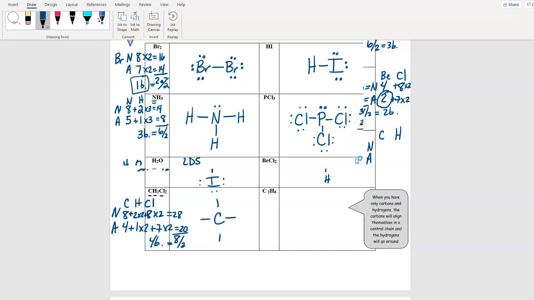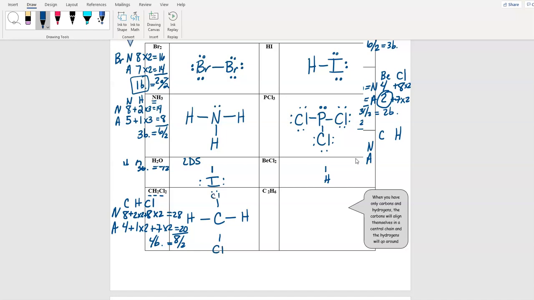So this, ladies and gentlemen, is when you say, I have options. And anytime you have options, you want to keep the same elements away from each other. So I'm going to put maybe my hydrogen right here and put the other all the way on the other side of the carbon. If you've got options, get them away from each other. Chlorine on the top, chlorine on the bottom.